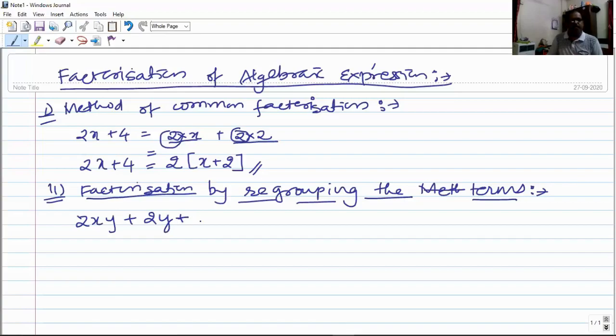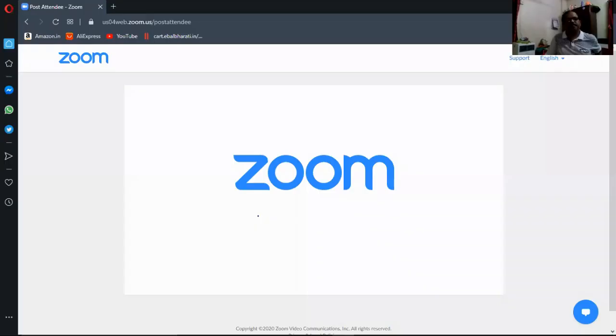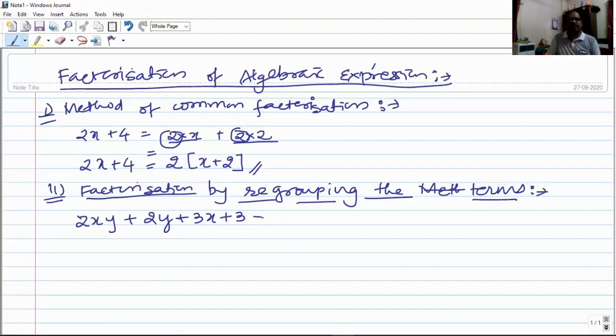We regroup the terms. We can group them as 2xy plus 2y and 3x plus 3. We have four terms in total.